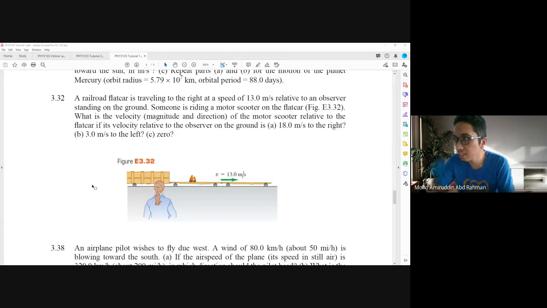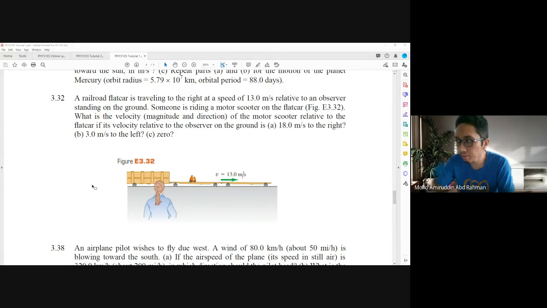What is the velocity, in terms of magnitude and direction, of the motor scooter relative to the flat car if its velocity relative to the observer on the ground is A, 18 meters per second to the right, B, 3 meters per second to the left, and C is 0.